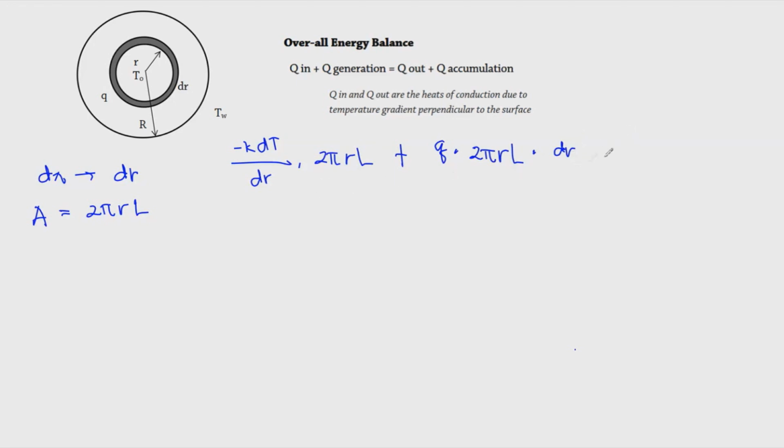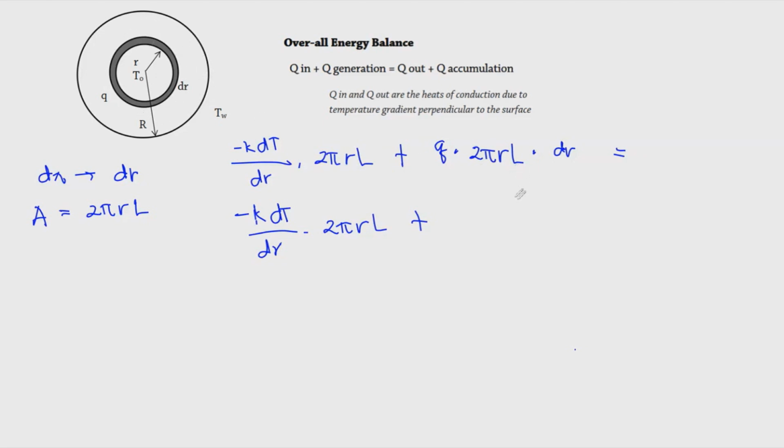Now, this is equal to the heat that comes out, so that simply means that if this wire is conducting heat, even though it will be very minimal, it still has to come out of this wire. So that is negative k dT over dr, and then 2 pi r L. And of course the accumulation would simply be from the center going out of this solid cylinder here.